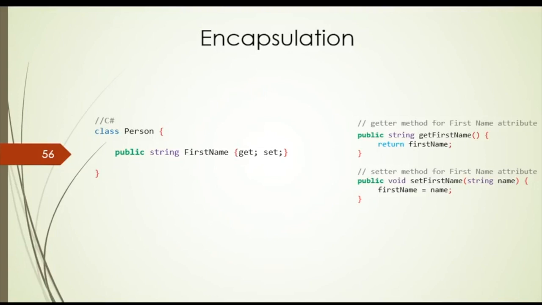So in C#, what we do is just write public string FirstName and then use the curly braces and say get and set.